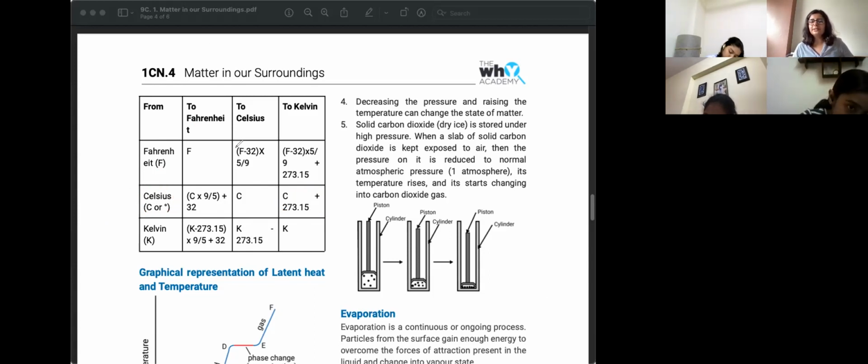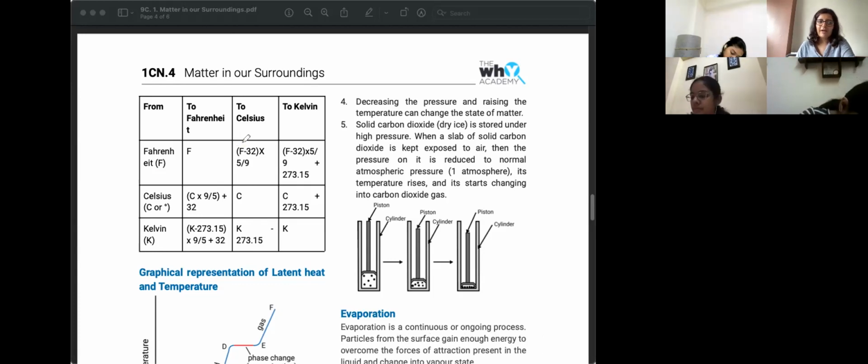Okay, so note down this table, then I'll explain each one: how to convert from Fahrenheit, from Celsius, and from Kelvin. Here, remember only two things, that will be easier because the others are anyway derivations of those. Remember the conversion between Fahrenheit and Celsius, and the conversion between Celsius and Kelvin.